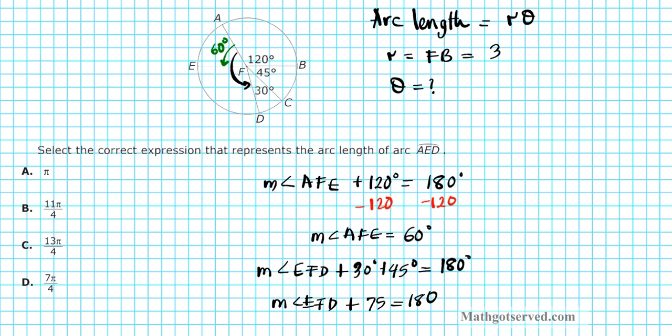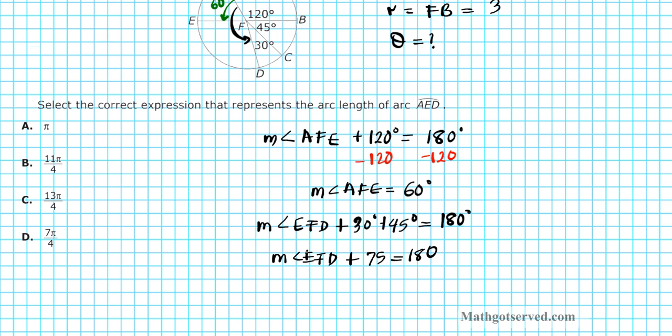We're going to subtract 75 from both sides, so we know the measure of angle EFD. Subtract 75 from both sides, and the answer is going to be 105 degrees.